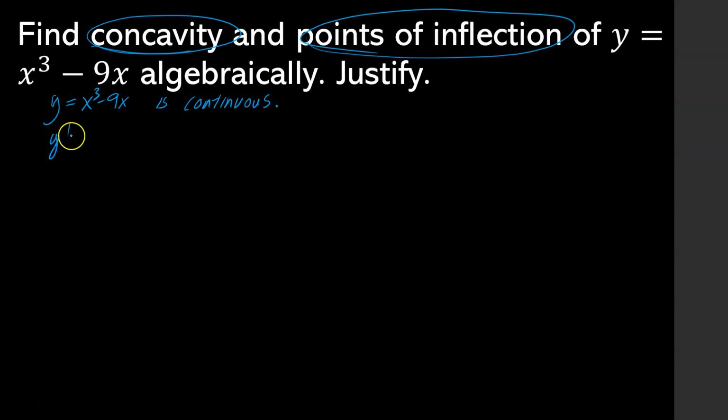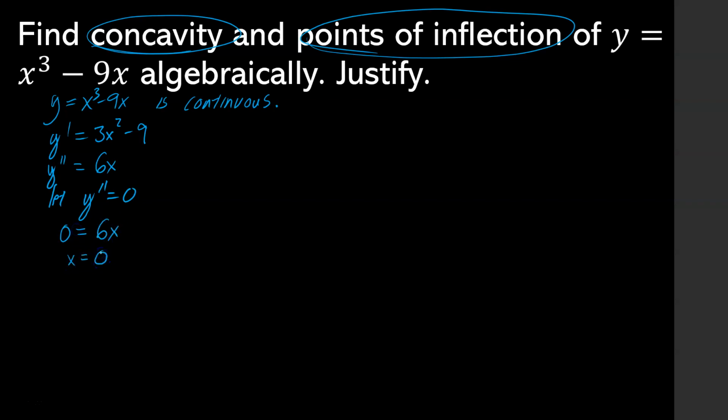Now we can say y prime is equal to 3x squared minus 9. We don't need to worry about anything with y prime because we're worried about concavity and points of inflection. So we find y double prime, which is 6x. We're going to let y double prime equal 0, and we know y double prime is always defined, so we don't need to write that.